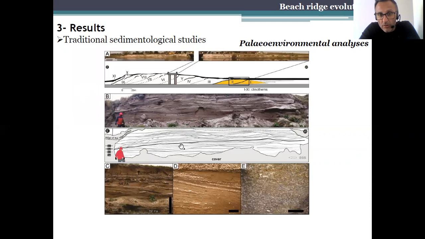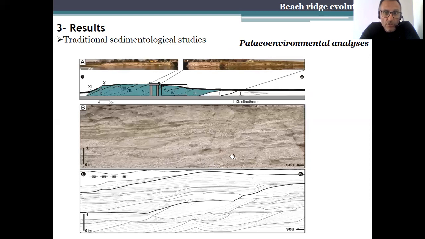You can see here the main surface, one of the clinoforms, and then the internal surfaces show a complex sedimentation. This is an example. 90% of the material is quartzitic sand, with very typical trace fossils of shallow environments. In this case, this is Macaronichnus.